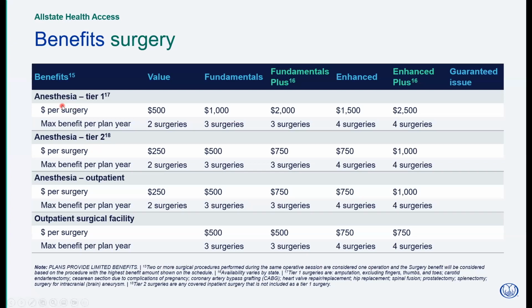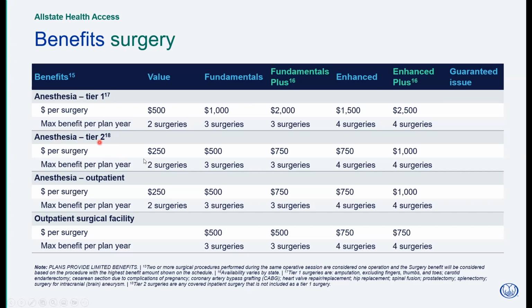So when it comes to tier 1 anesthesia, the dollar amount is per surgery, and it starts at $500 and goes up to $2,500. The maximum benefit per plan year ranges from 2 to 4 surgeries, depending on the plan that you choose.